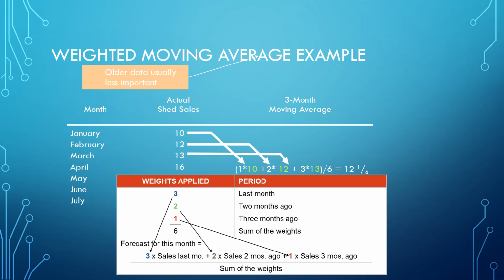Using the equation of the weighted moving average, it will be the sum of 3 times 13 plus 2 multiplied by 12 plus 10 multiplied by 1, all divided by 6, which is again the sum of weights, and that will equal 12 and 1/6, which is closer to the actual than the moving average approach.